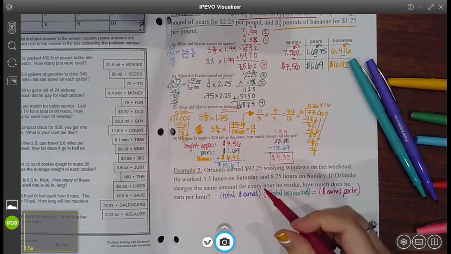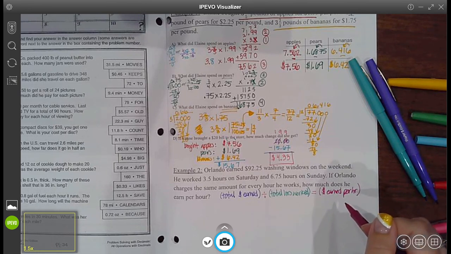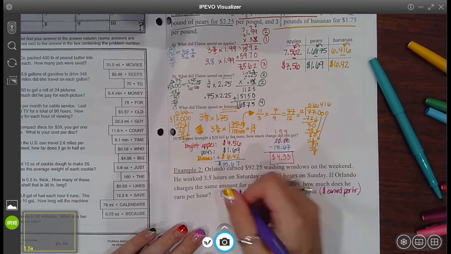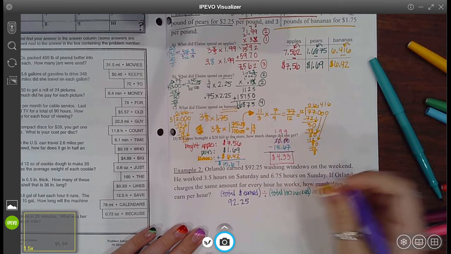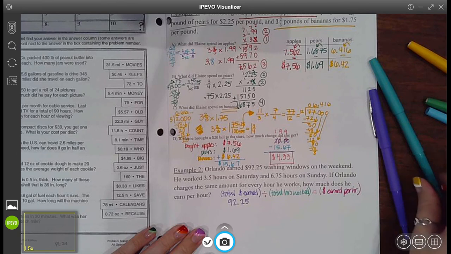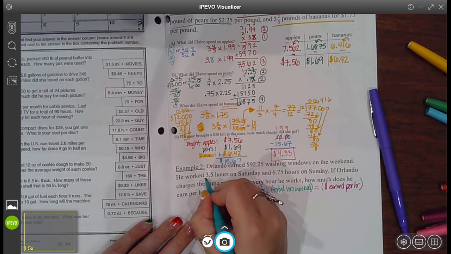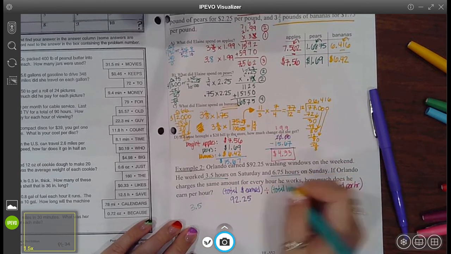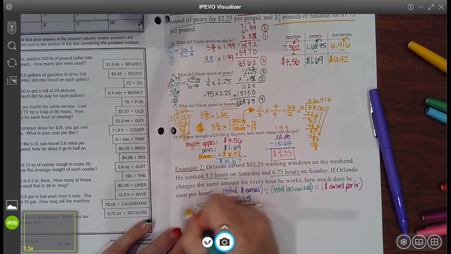Right? If you take the total amount you earned, you divide it by how many hours you worked, that tells you how much you make per hour. So let's go ahead and substitute in what we know. Well, we know that Orlando earned a total of $92.25. We want to divide that by the total hours he worked, which he worked 3.5 hours one day and 6.75, line up your decimal because we're adding, on another day.